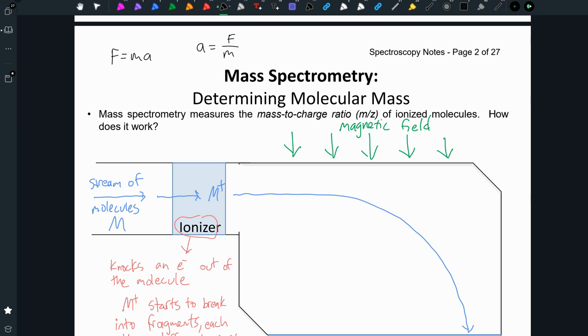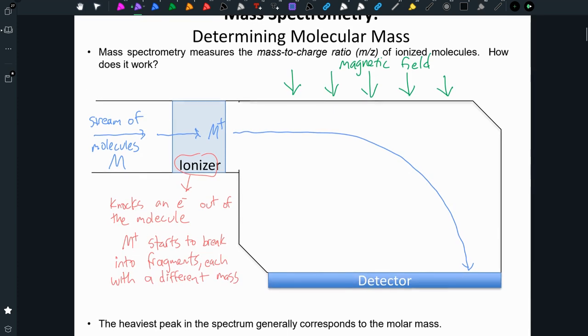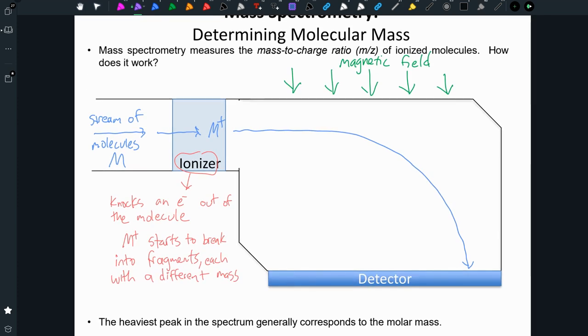Since the magnetic field applies the same force to all the particles because they all have a +1 charge, the heavier particles are going to be harder to change direction. So they are going to go the farthest.